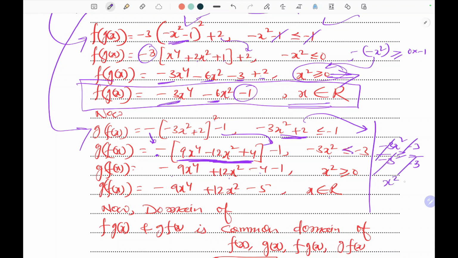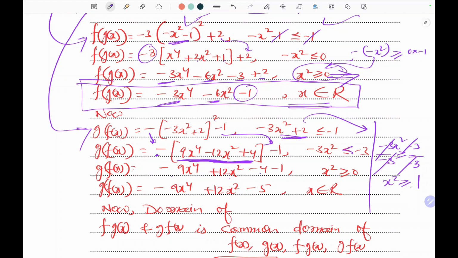So it is x squared, which is greater than or equal to 1. Okay, x squared is greater than or equal to 1.